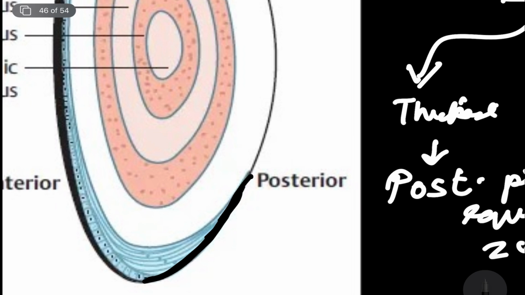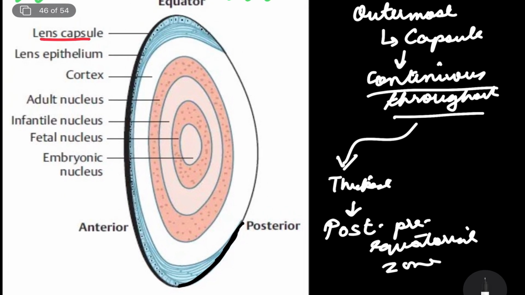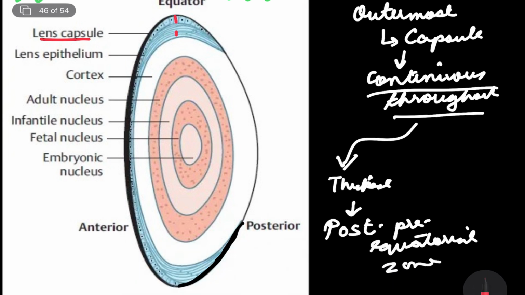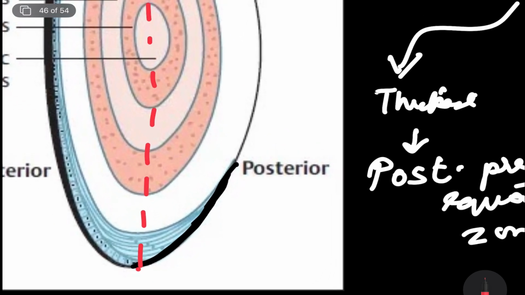Now, very quickly, let's orient ourselves. This is the anterior, this is the posterior, right? We can see it's already labeled. So the equator will be running somewhat like this, right? Now this area that I've just drawn is on the posterior side of the lens and it is just behind the equator. So it is very close to the equator.